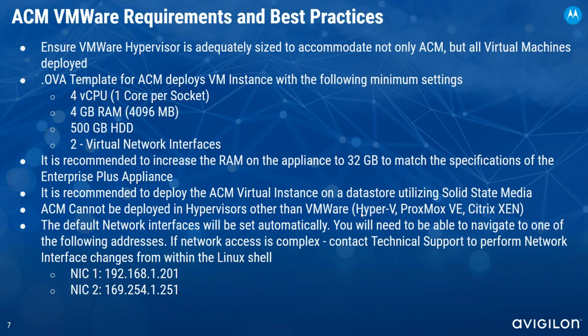In a lot of cases, the network of your customer may not be simple. They may not be able to reach 192.168.1.201. It may be blocked. So you can contact technical support, and they can work with you through the shell to change that IP address if you cannot browse to one of those IP addresses, okay?